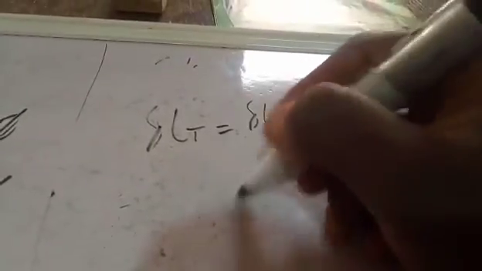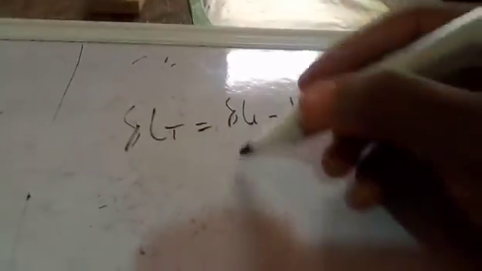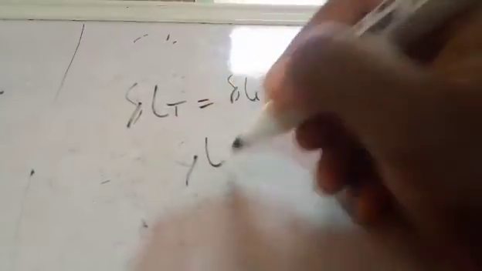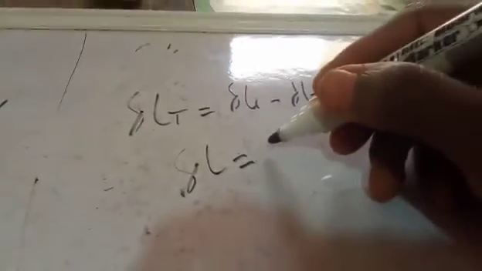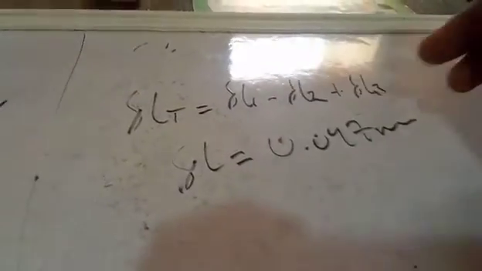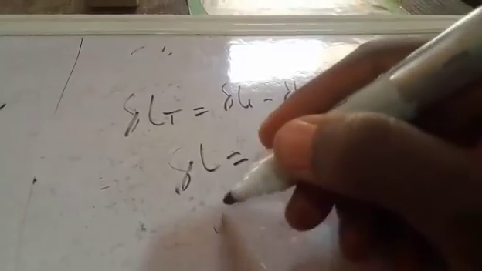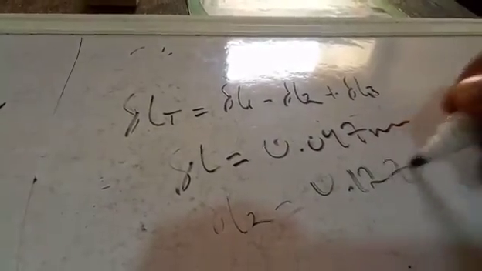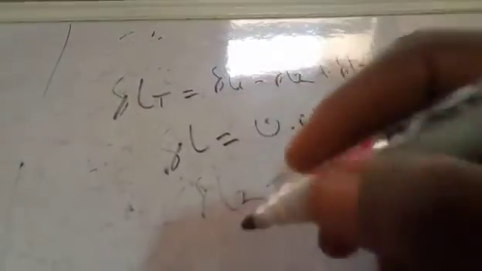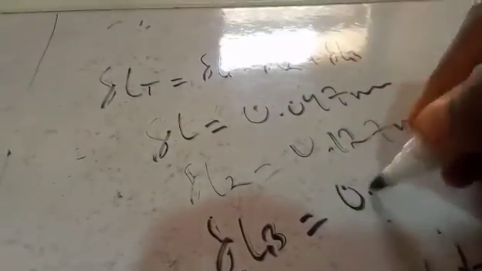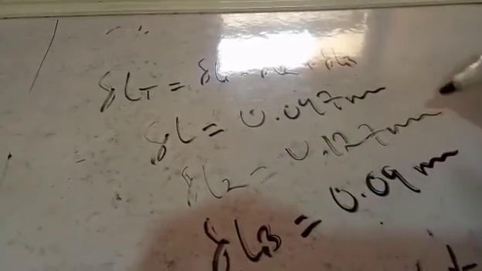So if your calculations were right, your change in L1 should give you 0.097 millimeter, and your change in L2 should give you 0.127 millimeter, and your change in L3 should give you 0.09 millimeter.